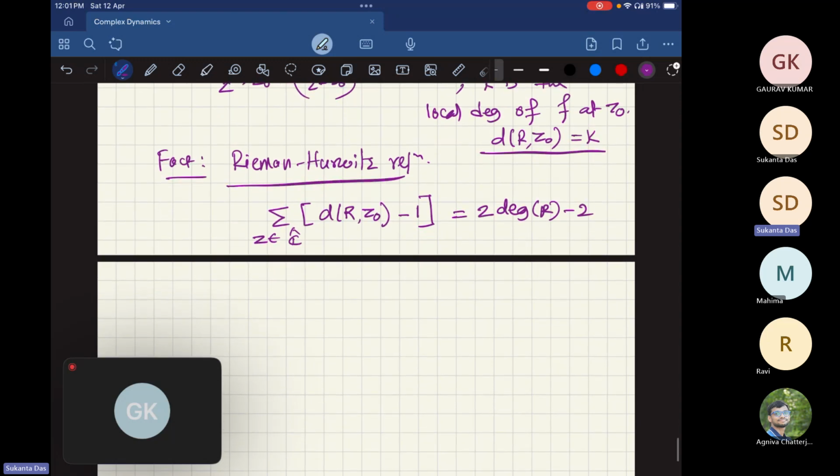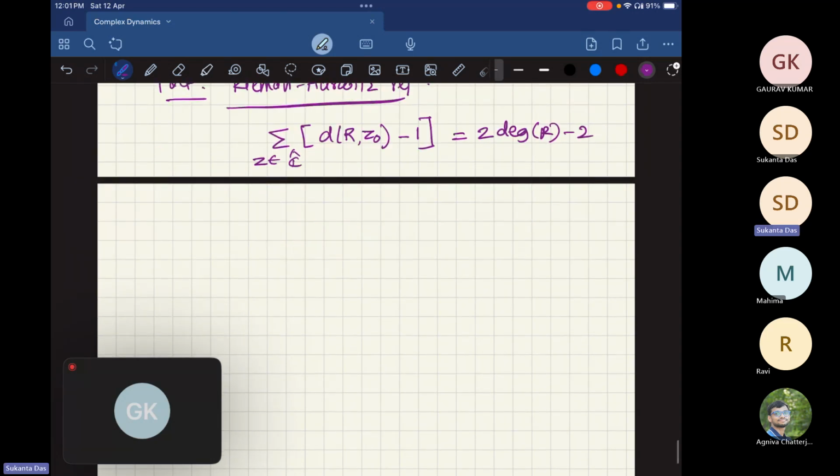It needs to be proved, but I am taking this fact because it takes some time to prove.